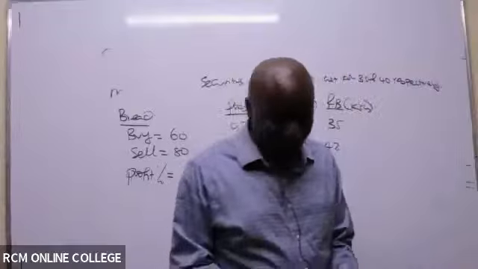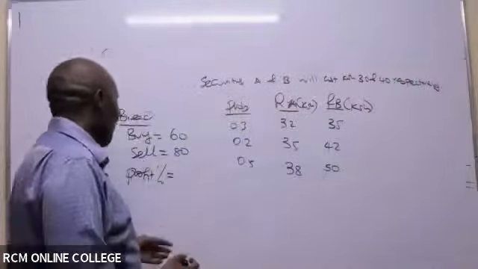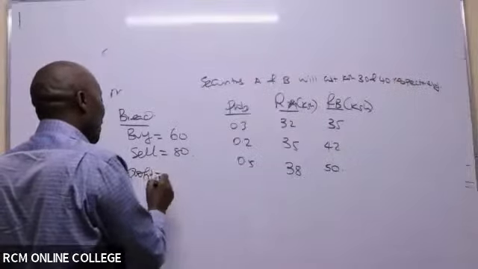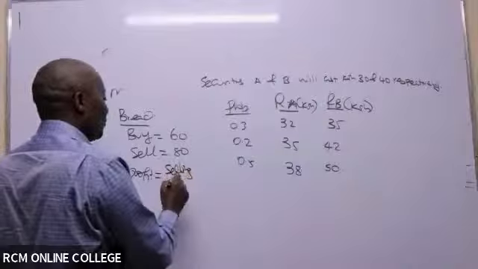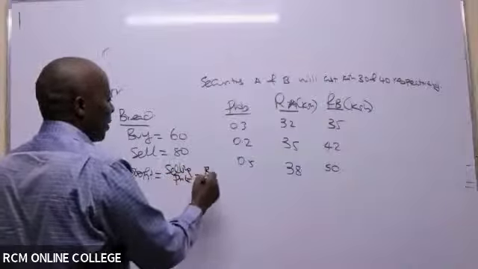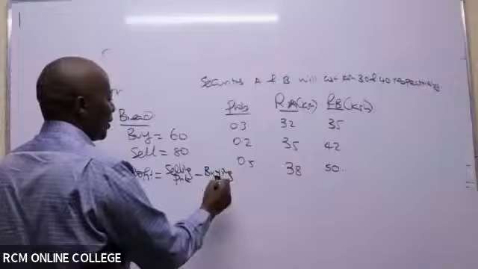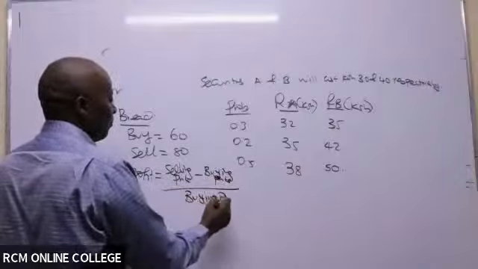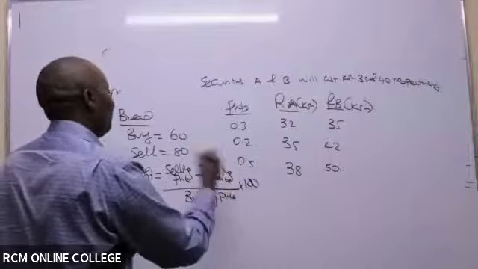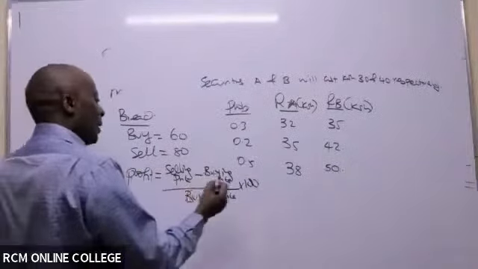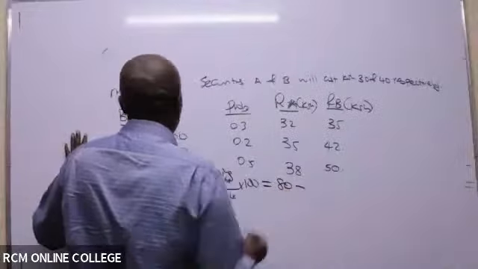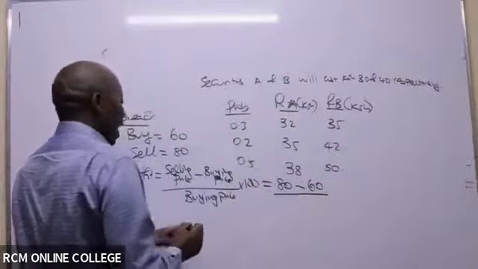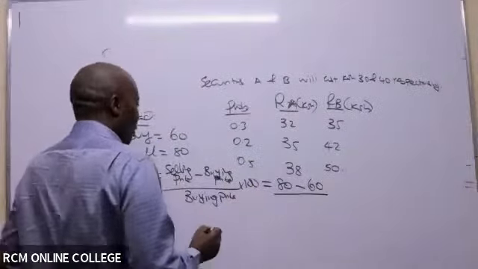All right. So, ladies and gentlemen, if they want us to give them percentage profit, what do we do? Of course, we shall come here and take the selling price minus the buying price, all over our base, which should be the buying price, times 100. So selling price, here it is 80, minus our buying price, which is 60, divided by our original price, which is 60.